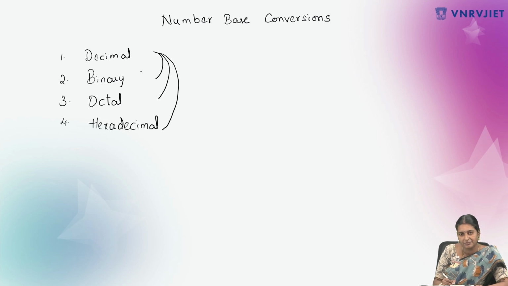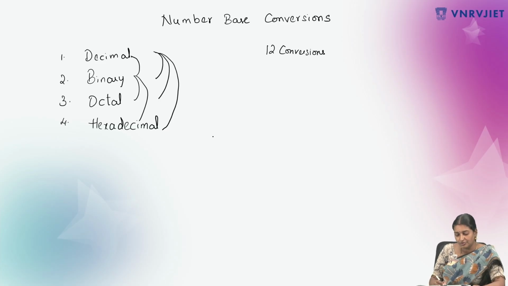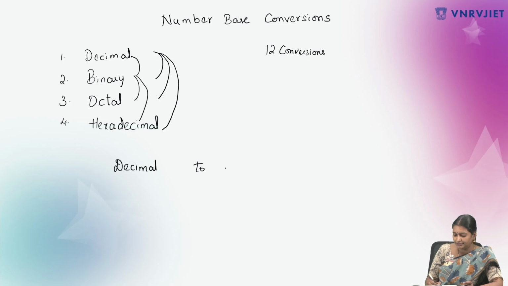Likewise, a binary number system can be converted to the other three. So there will be a total of 12 conversions which can occur, from one number system to another. In general, consider converting a decimal number first to the other three number systems, that is, decimal to binary, octal and hexadecimal.